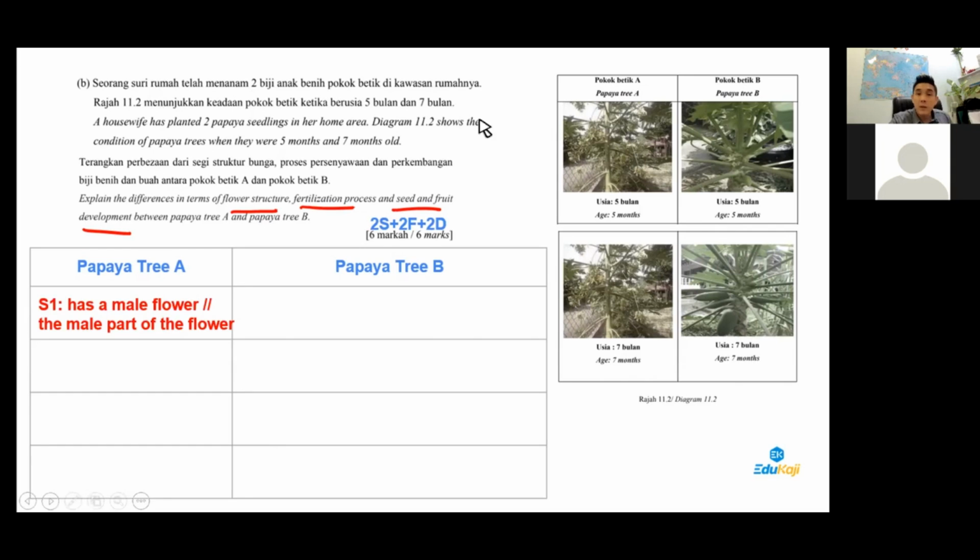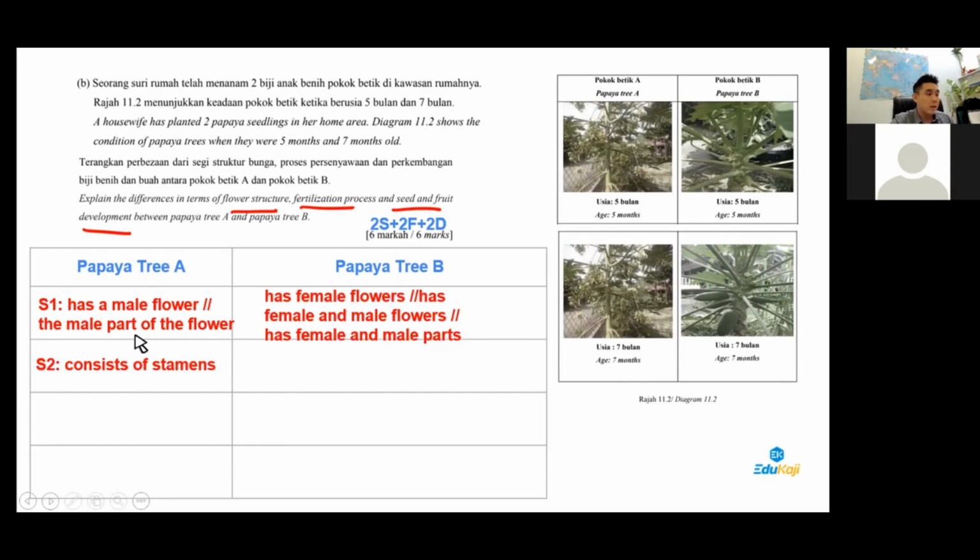So, this is the first one. Male part, we call it the stamen. Here has both stamen and carpel. Guys, what is stamen? Stamen refers to filament and anther.